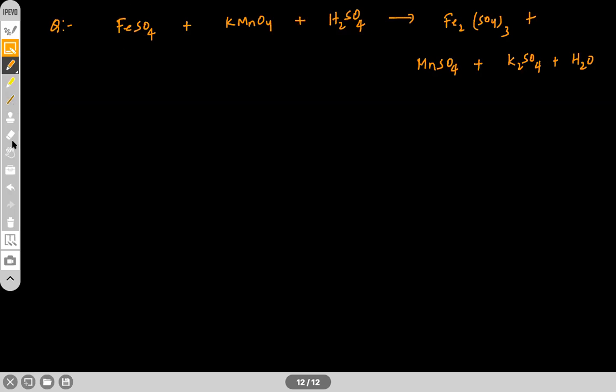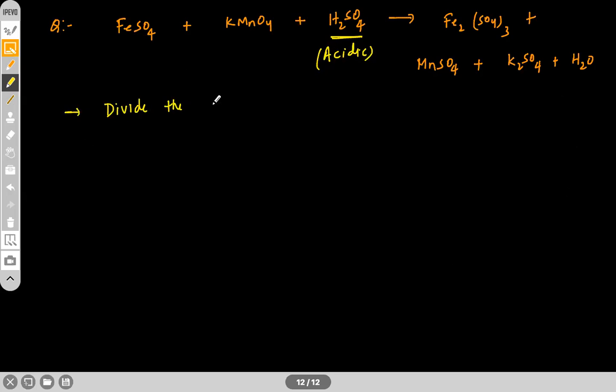See, I'll write down here, just a second. First of all, you see H2SO4 is given, so the medium is acidic. Am I audible, guys? Okay. Medium is acidic. Now we divide this equation into two halves. So I'll just, in short, write down the steps.